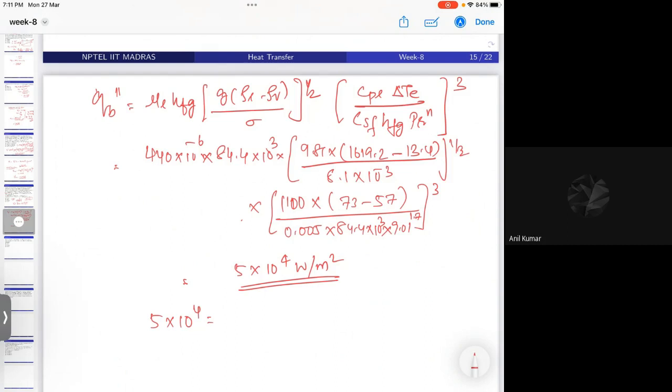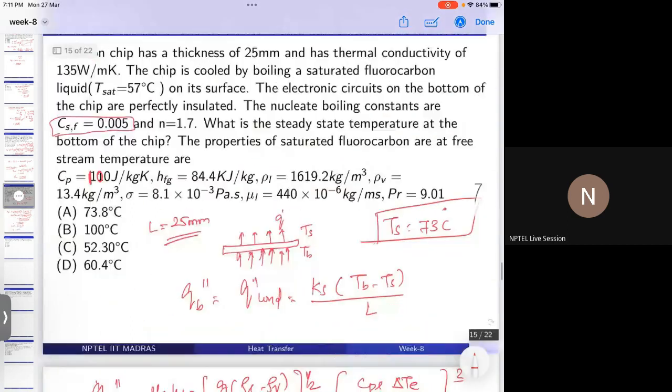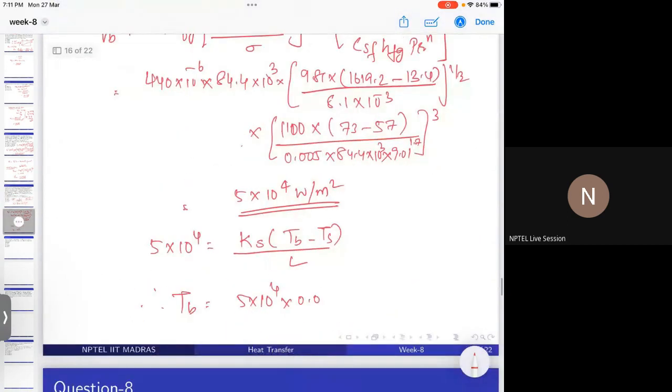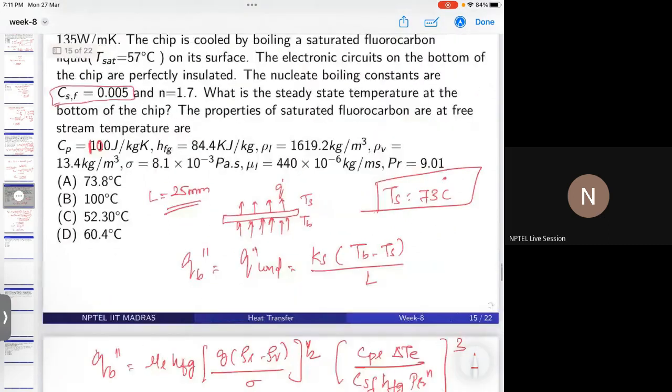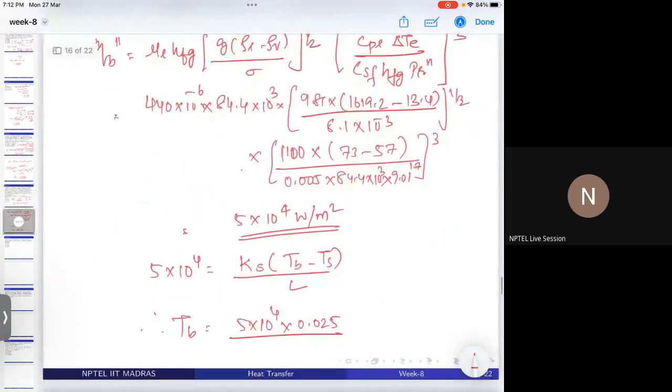So this you can calculate with K silicon minus T base, where we have to find out Tb. So Tb, with 5 into 10 raised to 4, the thickness of the chip 25 mm, that is 0.025, divided by the thermal conductivity, given as 135.